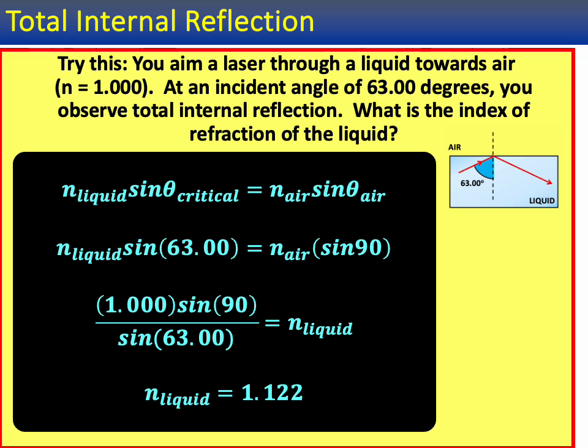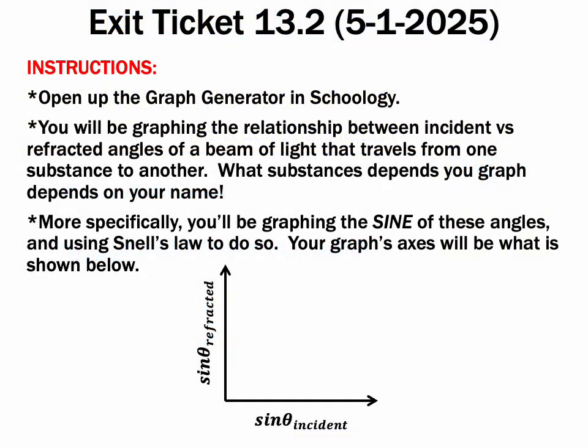Last thing, the exit ticket. So you're going to use the graph generator. It's what we've been using for labs a bunch this year in Schoology. It does work better if you use the web version as opposed to the app version, which is counterintuitive. So you're looking at the relationship between the incident and refracted angle, but more exactingly, you're looking at the relationship between the sine of those angles.